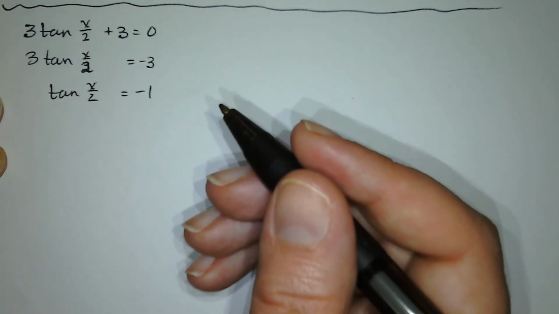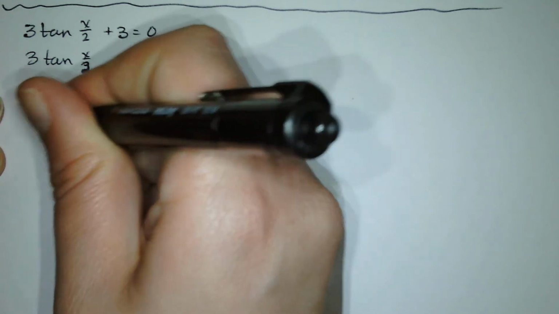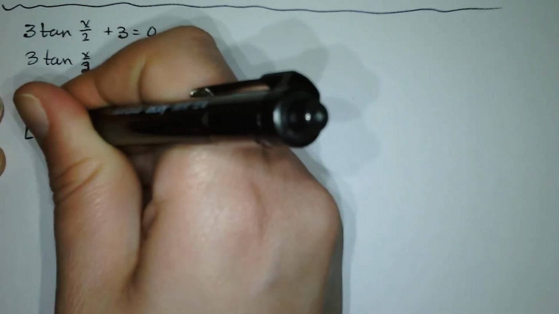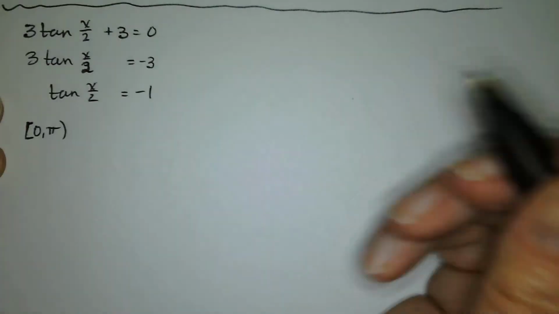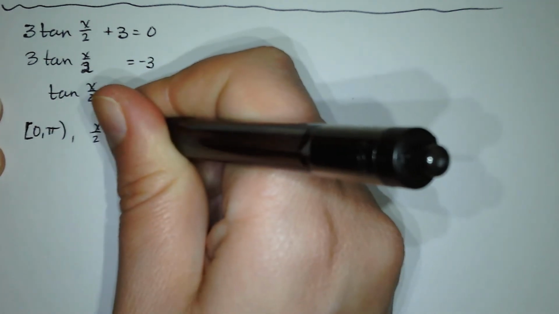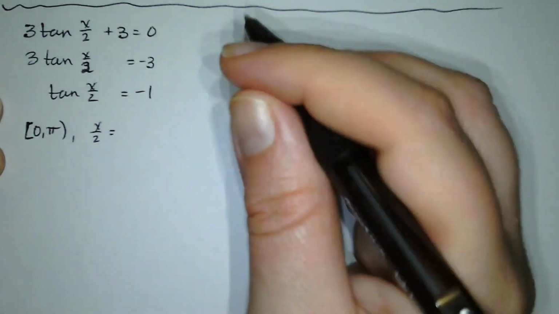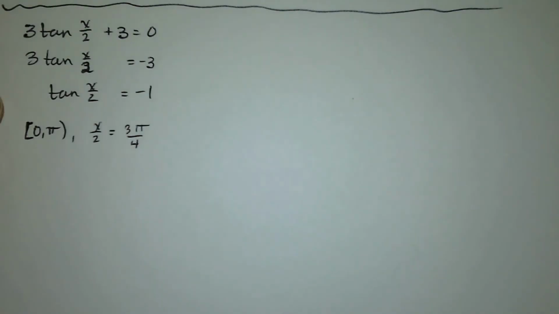And remember, we're looking in just that interval, not 0 to 2 pi, excuse me, just from 0 to pi on this interval, x over 2 is going to equal 3 pi over 4. Okay, so that's just on the interval.